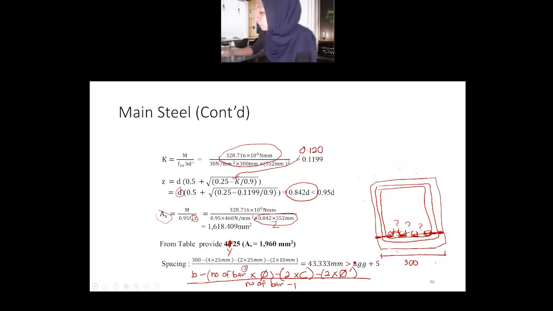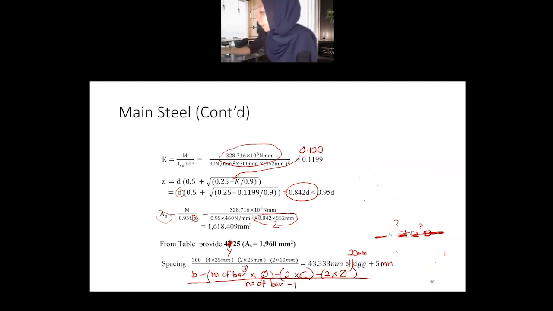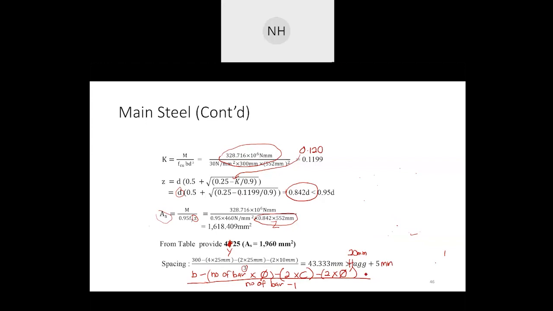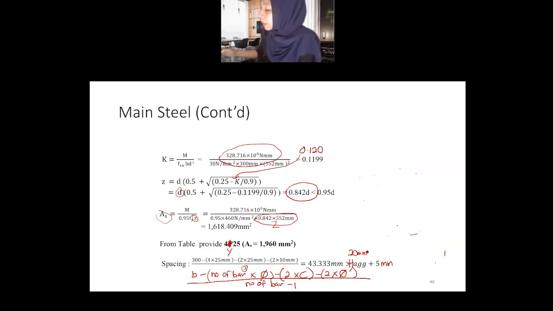Okay, HAGG 25 mm. Biasanya this is 20 mm. So plus dengan 5 mm. So akan jadi 25 mm. Okay. Itu satu. Maksudnya sekarang okey lah. Spacing ni lagi besar daripada aggregate size 20 mm campur dengan 5 mm.